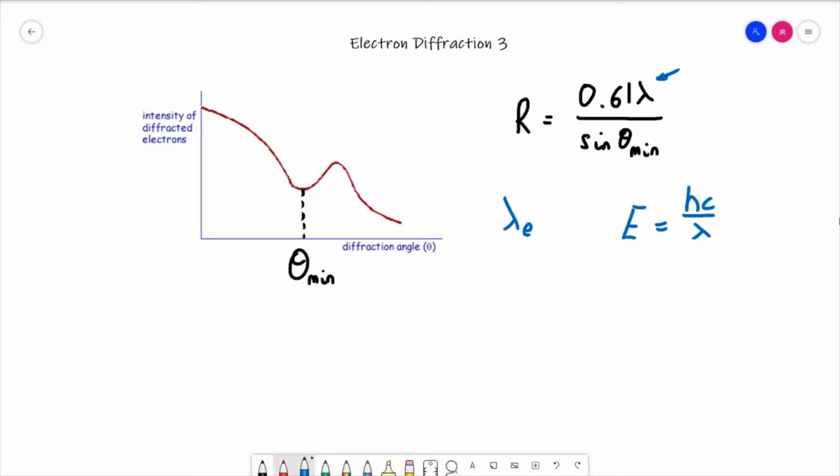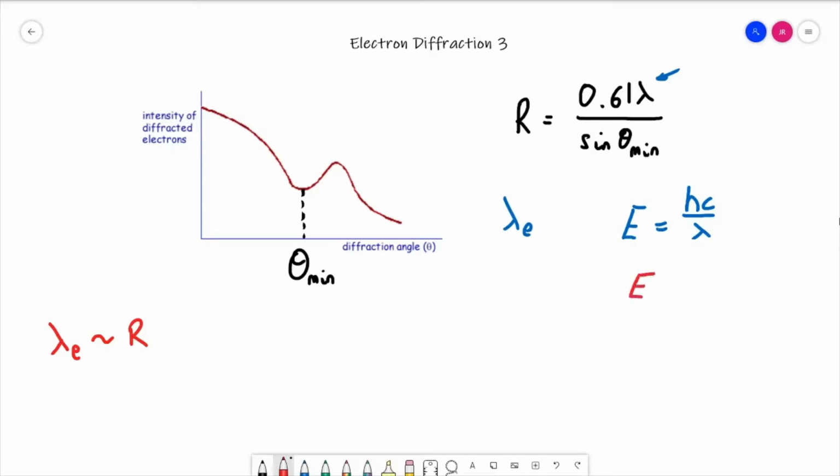Now, in order for this experiment to give us the results that we want, the wavelength of the electrons needs to be of roughly the same order of magnitude as the radius of the nuclei. We can see from E is equal to hc over lambda that as we increase the energy of the electrons, we're going to decrease the wavelength of the electrons as well.